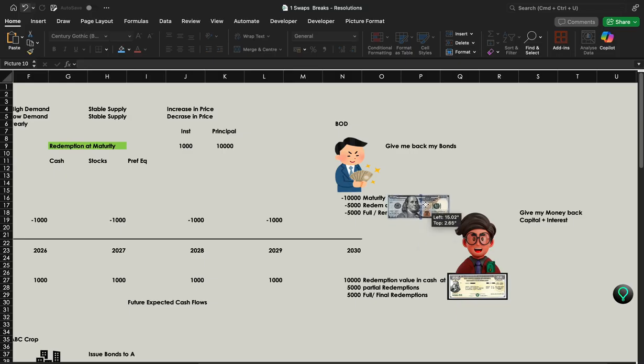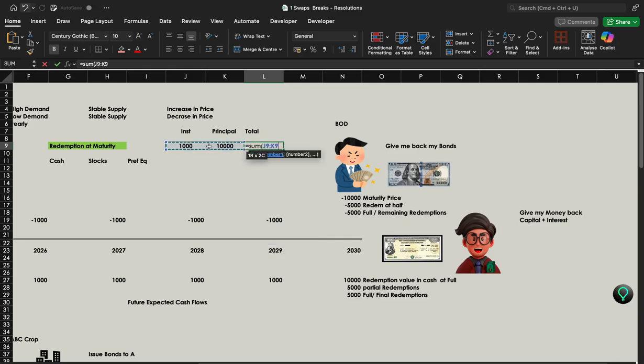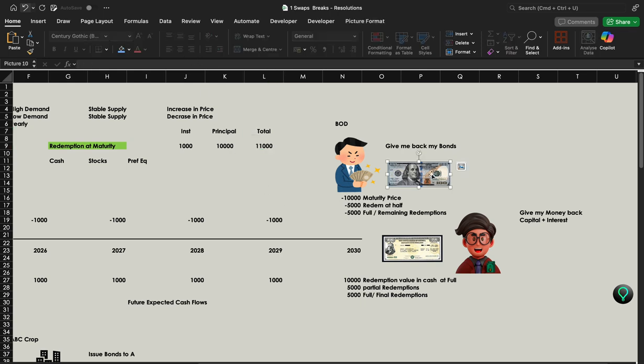So the point here is, let's say the company will have to pay a total of 11,000. If the company wants to pay a total of 11,000, it will have to make sure it has 11,000 in its pocket or bank account.